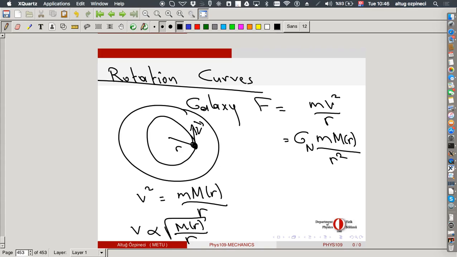Now, we will be making a very crude model. We will assume that the mass inside this galaxy is more or less uniformly distributed within this sphere. Well, the galaxy is not a sphere, it's a flat object, but we can still model it approximately by a sphere. And if it's a sphere, the mass inside this sphere will be proportional to the volume of this sphere.